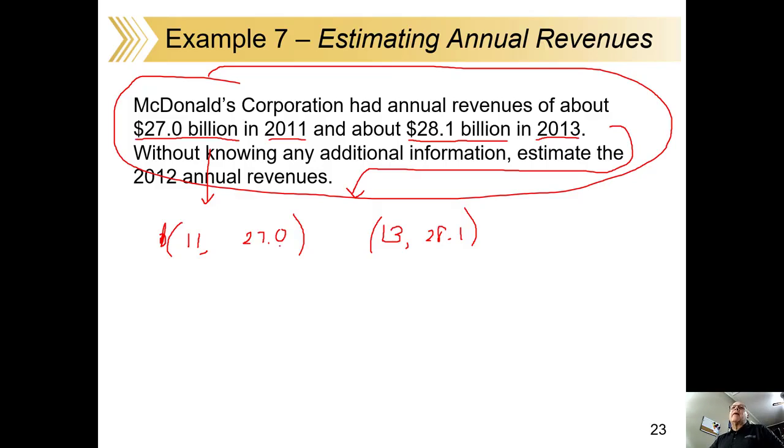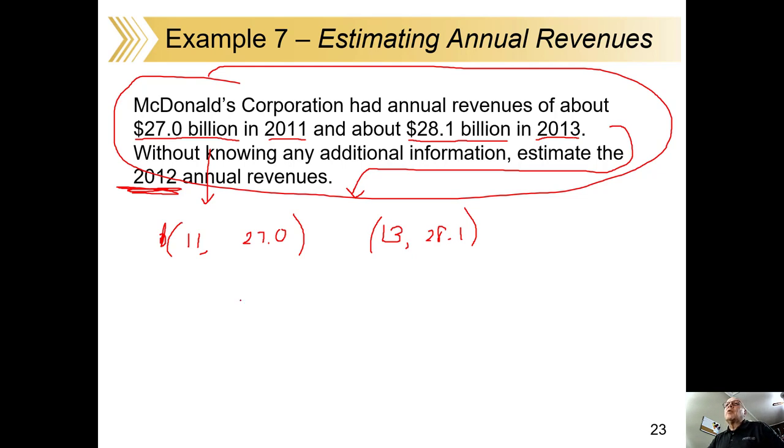So what we've got here is we want to find out, without using any other information, what would be the revenue, do you think, for 2012? We have 2011, we have 2013. Someone forgot to send us the information about 2012. What do we do?